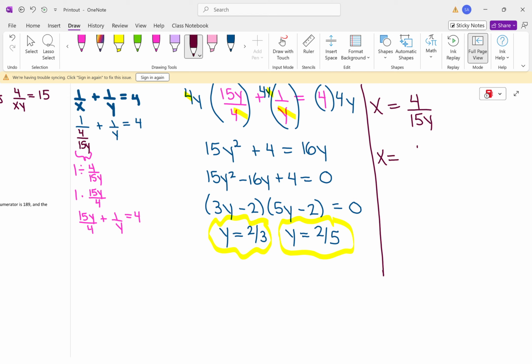So I'm going to plug in the 2/3 first. 4 over 15 times 2/3. In that denominator, I'm going to simplify. I could cross simplify. 3 goes into 3 once. 3 goes into 15 5 times. So I end up with x is equal to 4 over 10. So x will equal 2/5.